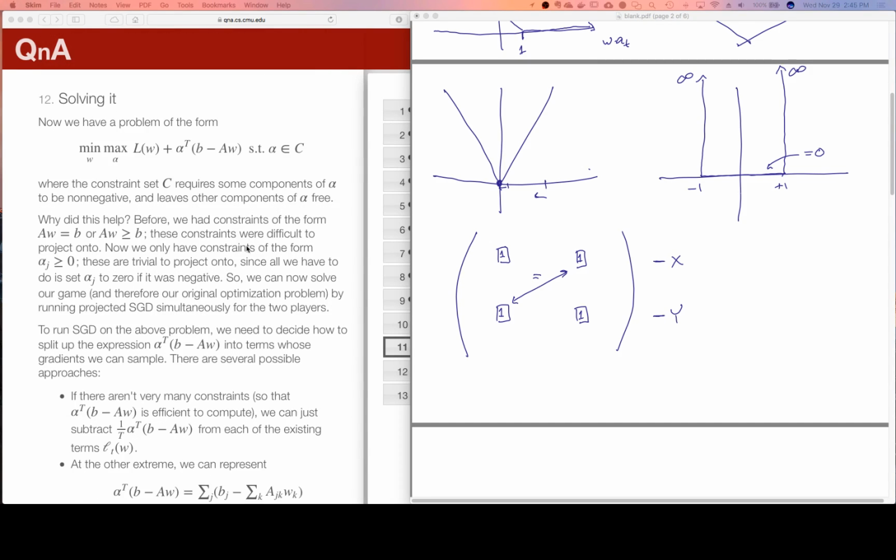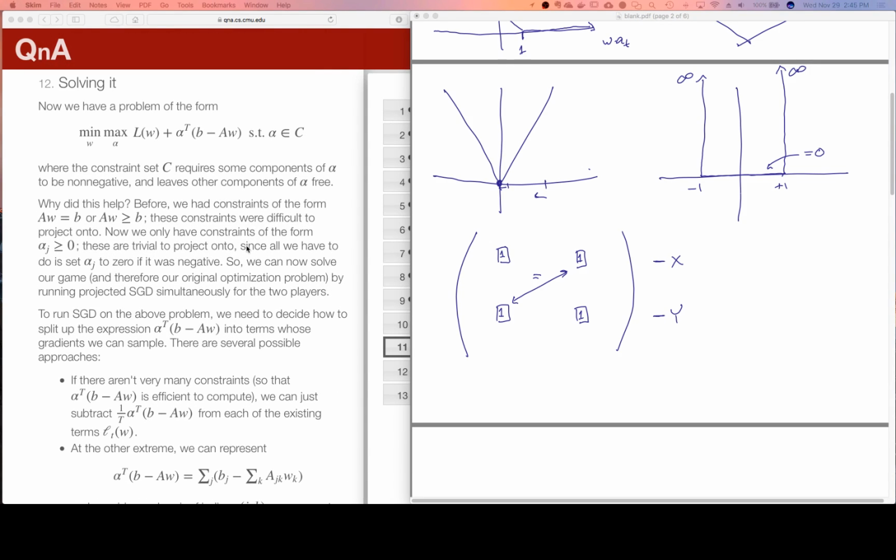So we've got our new problem with Lagrange multipliers. We have our original loss function. We've got a bunch of Lagrange multiplier terms that enforce constraints, and then alpha has some constraints on its own, but it's a simple set of constraints. It's only non-negative. The reason that helps is that now we can use projected SGD on this new problem, because it's easy to project onto the constraint alpha j greater than or equal to 0.